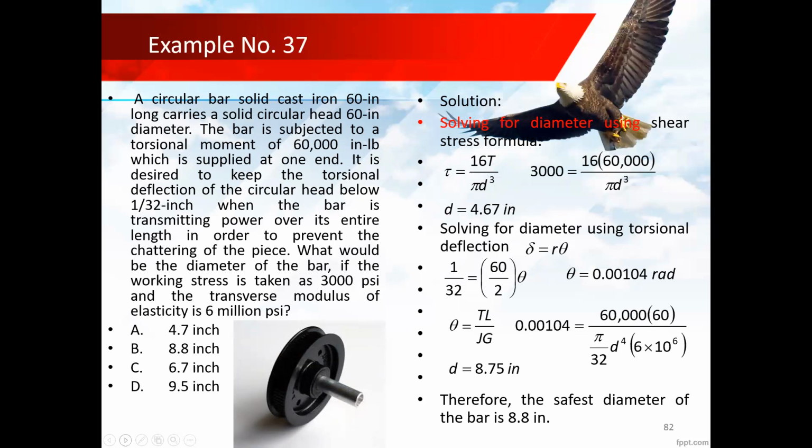What would be the diameter of the bar if the working stress is taken as 3,000 psi and the transverse modulus of elasticity is 6 million psi? Solving for diameter using the shear stress formula, tau is 16T over pi d cube. So 3,000 is 16 times 60,000 over pi d cube. So the diameter is 4.67 inch.